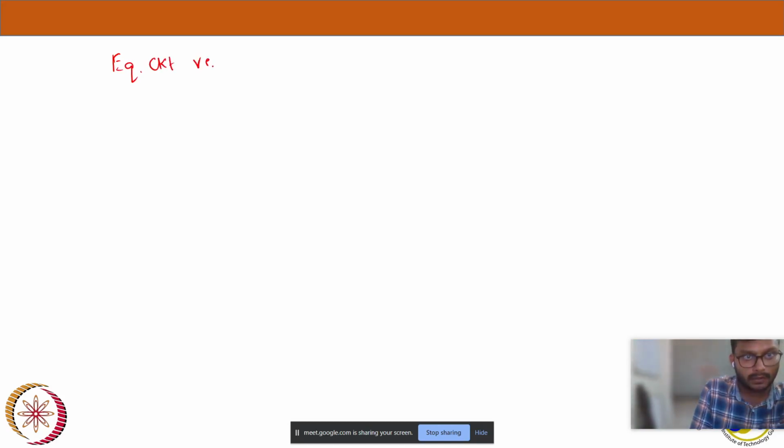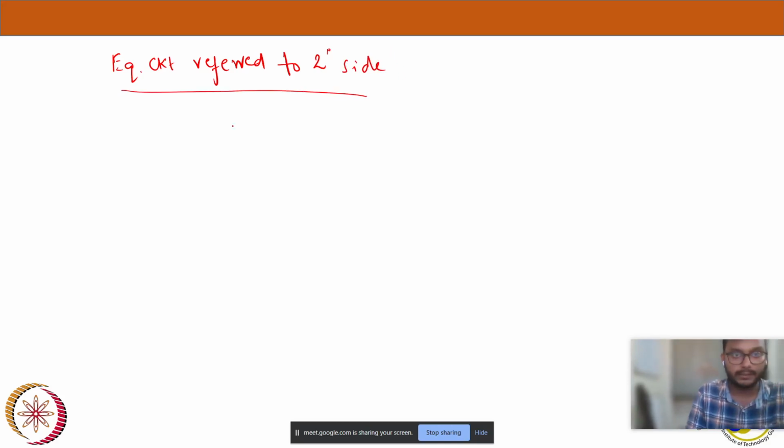Equivalent circuit, secondary side. Now in the secondary side it has R2 and X2. In the primary side we have core loss resistance RCL, magnetizing reactance XM, and primary resistance and reactance R1 and X1. We have to refer all these four equivalent circuit parameters to the secondary side. We will see how we can do that.